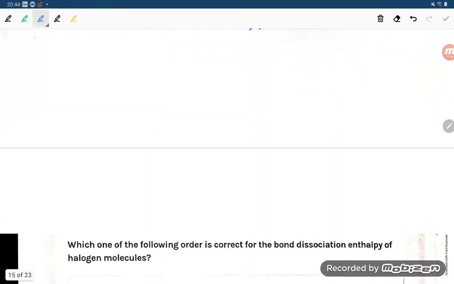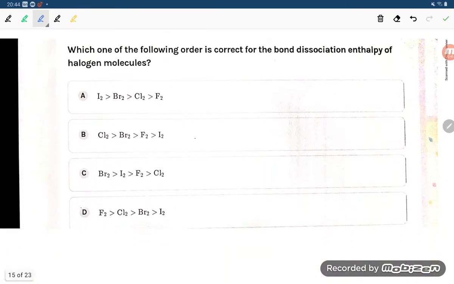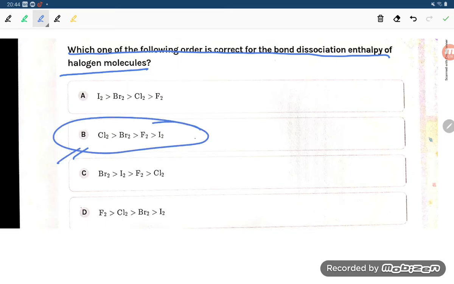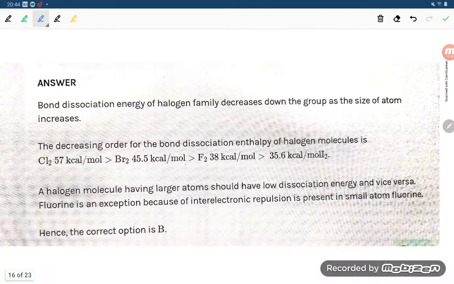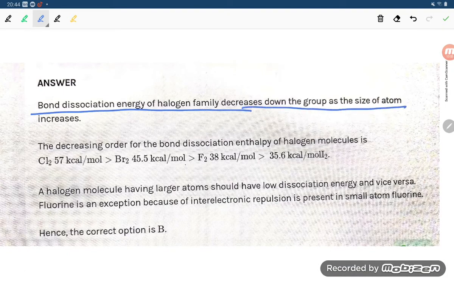Okay. Next point. Again a similar question. Which of the following orders is correct for the bond dissociation enthalpy of halogens? Fluorine is less than chlorine and bromine, so option B is correct. You can read out the slide, students. The bond dissociation enthalpy of the halogen family decreases down the group as the size of the atom increases.